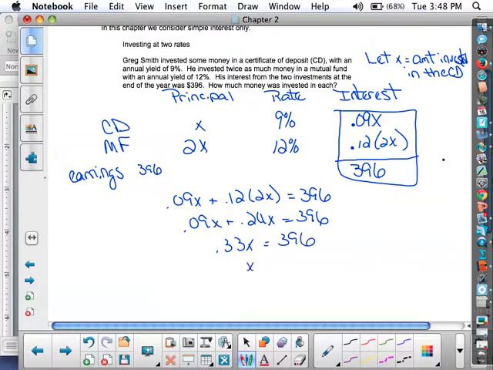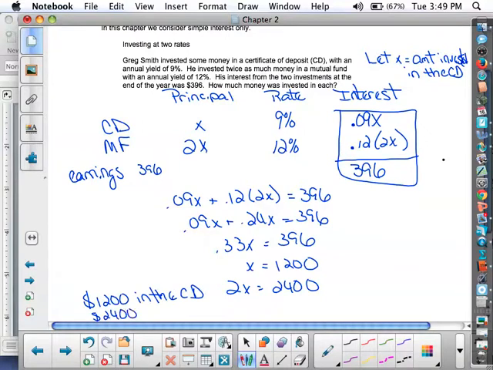So therefore x is equal to 1200 and 2x is equal to 2400. So therefore he invested $1,200 in the CD and $2,400 in the mutual fund.